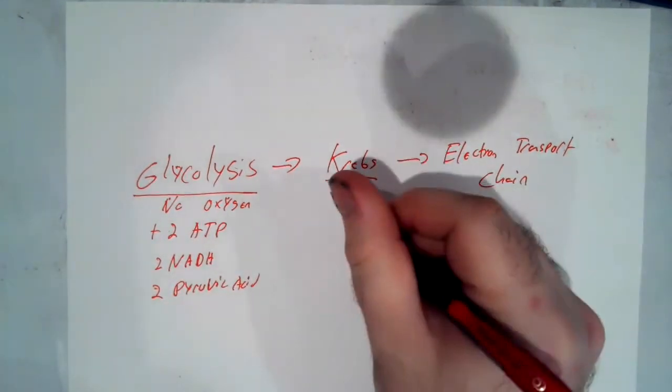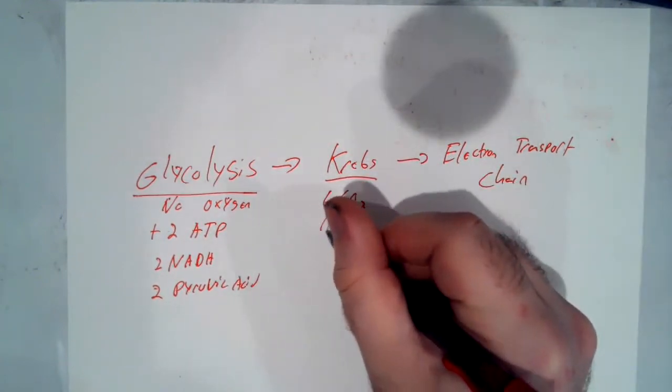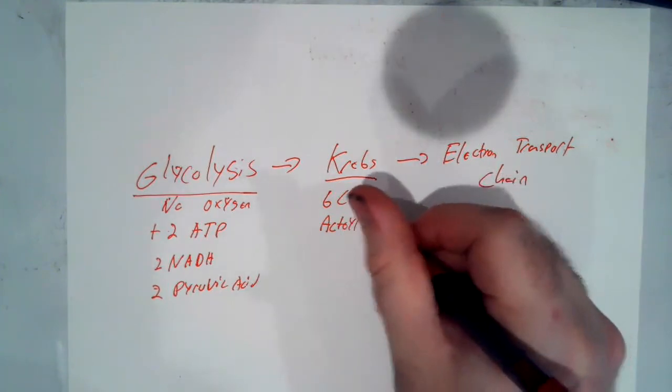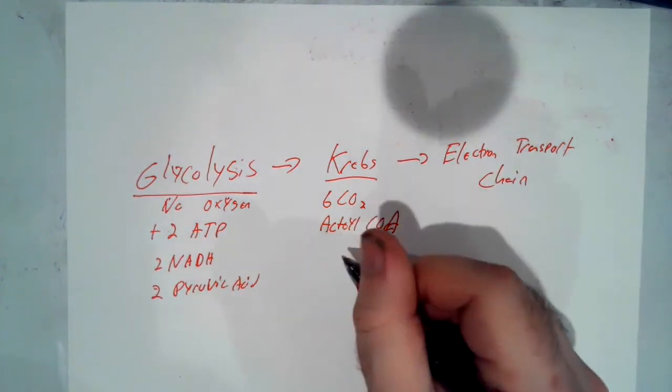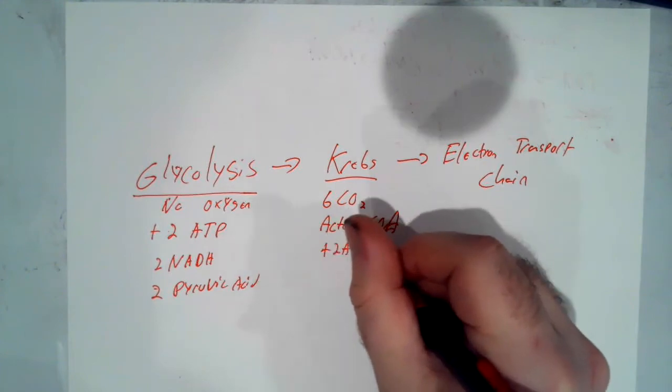The Krebs cycle, we get 6 CO2s. We start out with acetyl coenzyme A, it's capital A, and we make 2 ATPs.